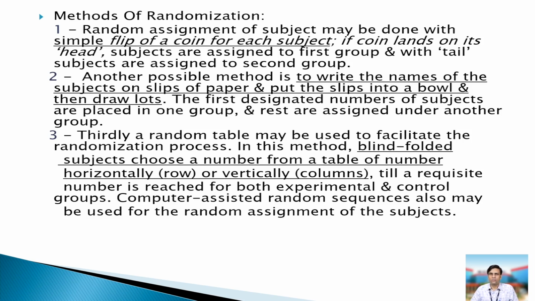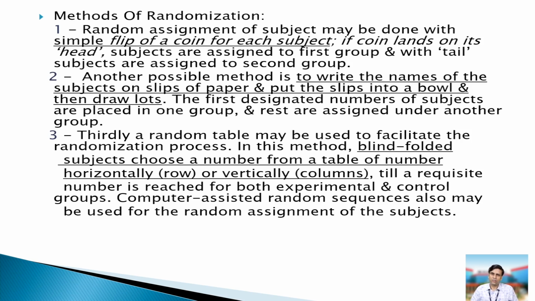And the way we draw in the lottery method, a subject or person, blindfolded, just picks up one piece of paper after the other. It is alternate choices, like the first piece of paper and the name of the subject written on that will be allocated to the experimental group, and the next one will be allocated to the control group.